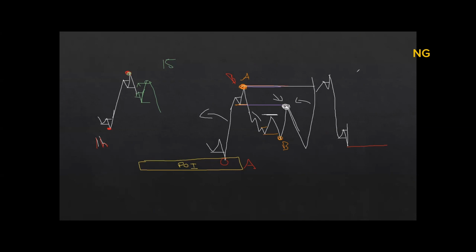So far making sense? Now, you gotta be careful, right? Because if this already fulfilled the bigger range, it will still give you a reaction, but it will fail. It will fail to break this low right here.